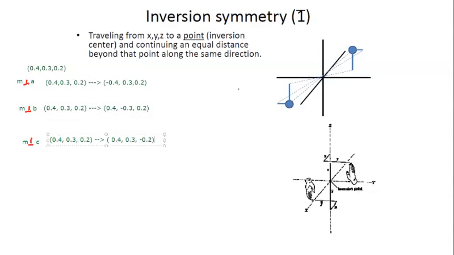So mirror planes are fairly straightforward. A mirror plane perpendicular to A, to B, and to C. All you're doing is, whatever axis it's perpendicular to, you just make that coordinate negative. Mirror planes, fairly straightforward. Now what we're going to talk about is inversion symmetry.